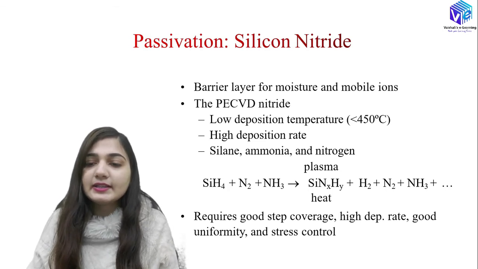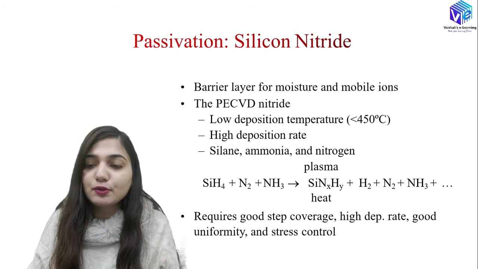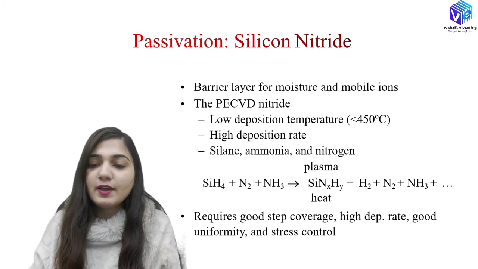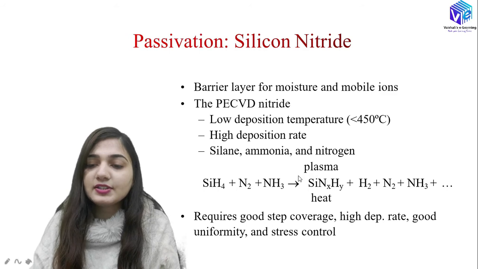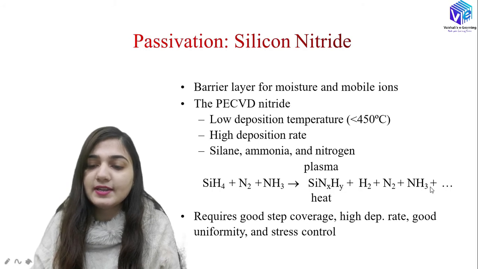So here we are getting the high deposition rate and we are using the silane, ammonia and the nitrogen. So SiH4, N2 and NH3 in the presence of plasma and heat is going to form SiNxHy plus H2 plus N2 plus NH3.